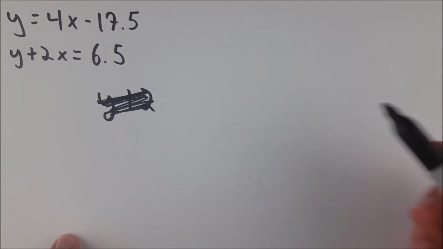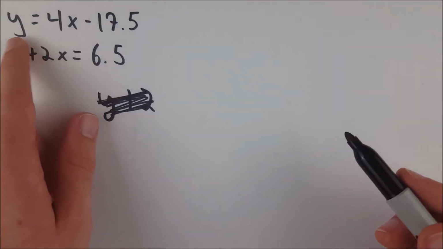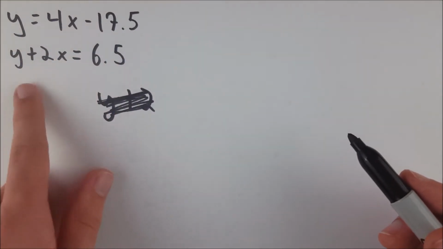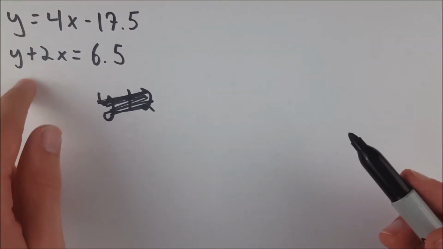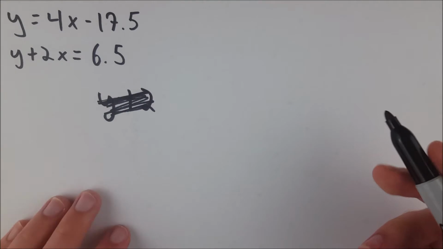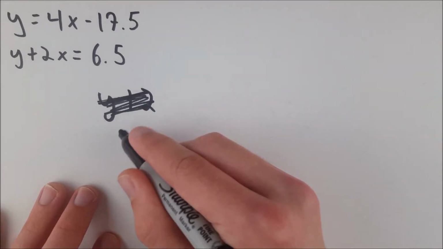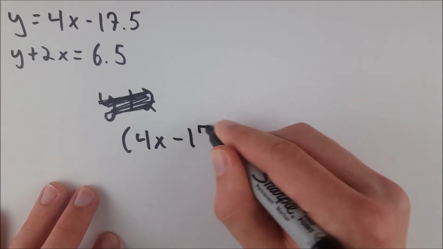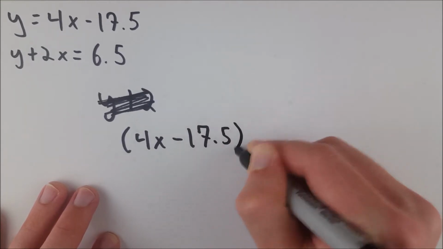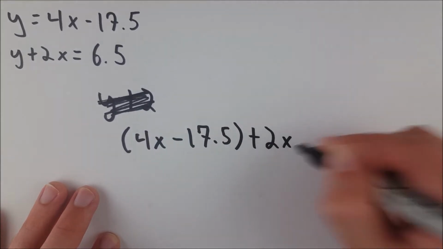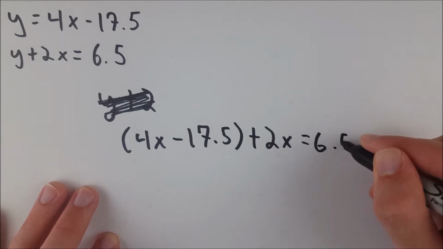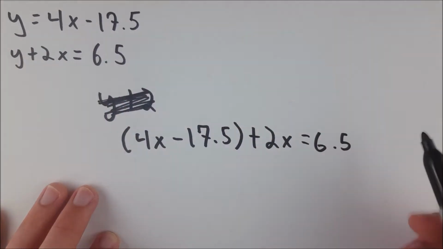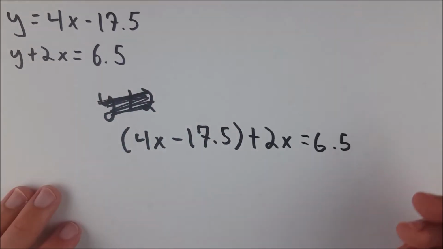Sorry, I wrote something incorrectly earlier, so just redoing this. So y equals 4x minus 17.5. We can take this and substitute it into this value of y. So we can write 4x, substituting right now, minus 17.5 plus 2x equals 6.5. This is substituting this expression for y into this equation.